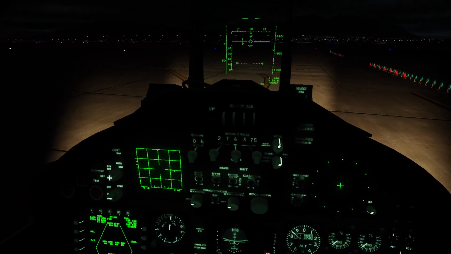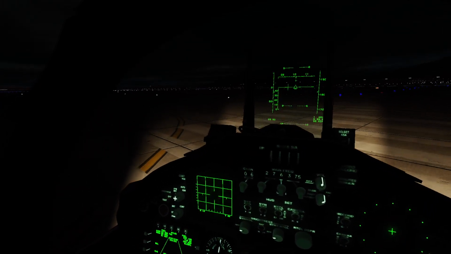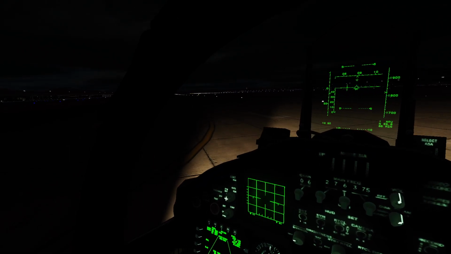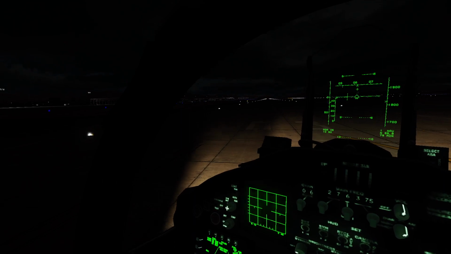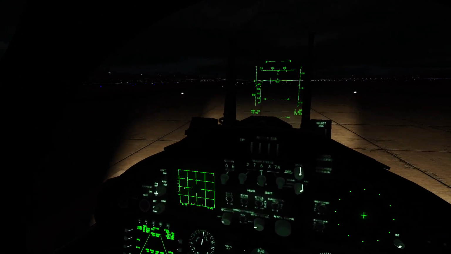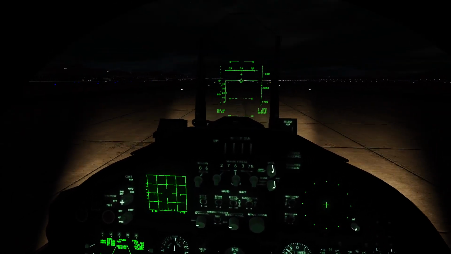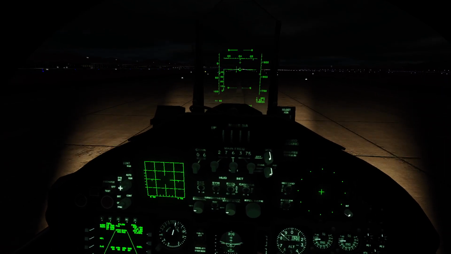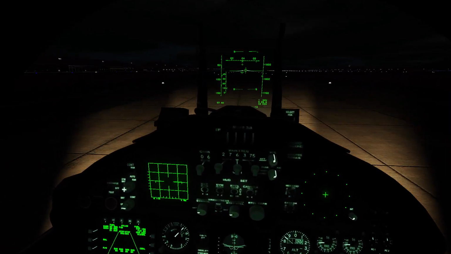Okay, nothing on final, nothing coming in that way. All right, full throttle, and we are departing at this time. Rotate anywhere between 130 to 150 knots.